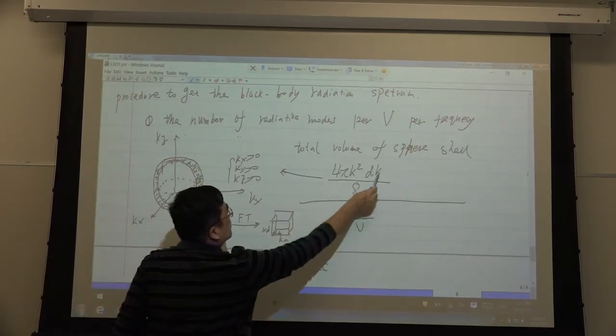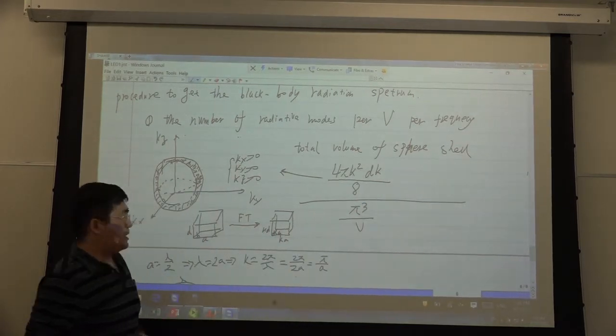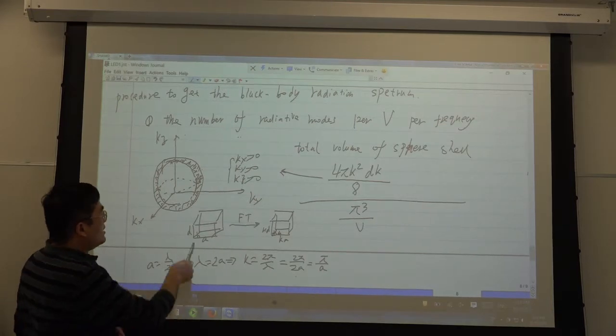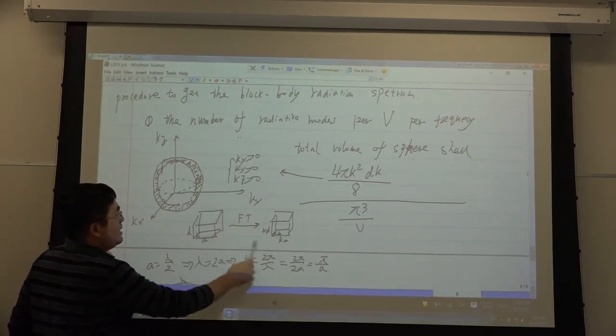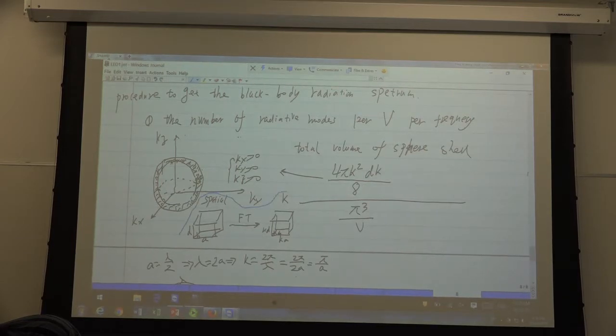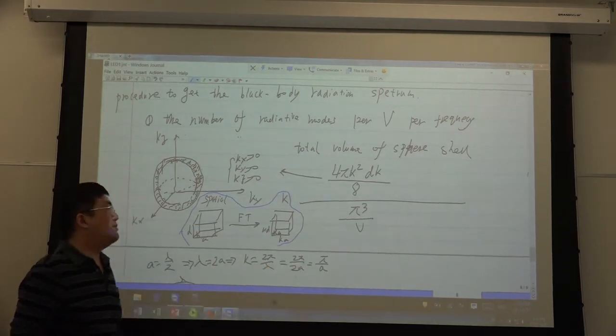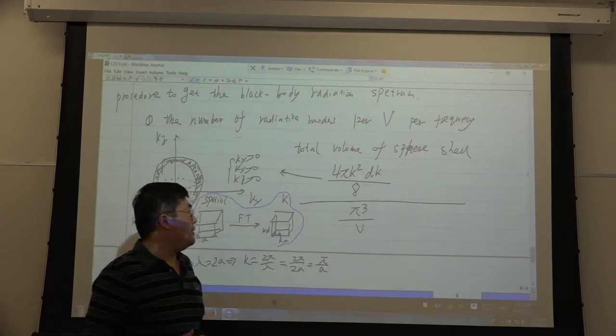You can see here, this is the spatial domain, this is the k domain. This is k, equal to 2 pi over lambda, equal to pi over a. So it's pi cubed over V.